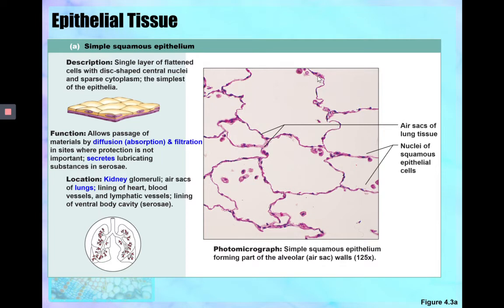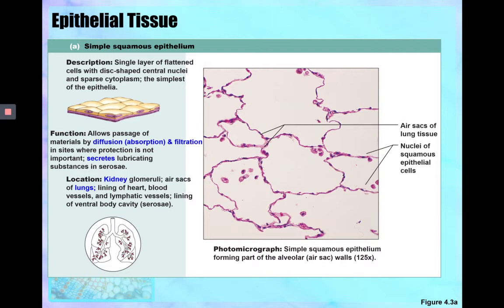It's really thin again because we want to ensure a thin layer to make sure gas exchange happens in time. So you can even see that within these thin layers we have dark spots. Those dark spots are nuclei of the simple squamous cells. And a lot of these simple squamous cells together make up a sheet, so that's epithelium.